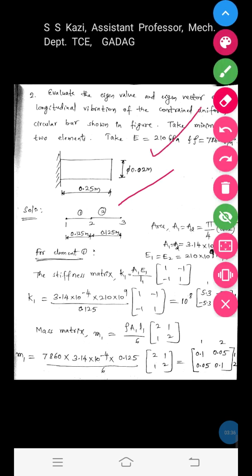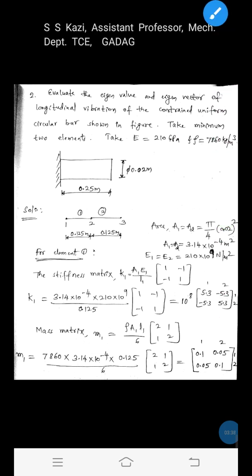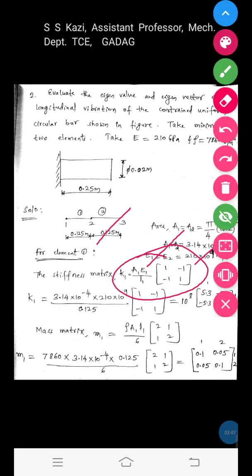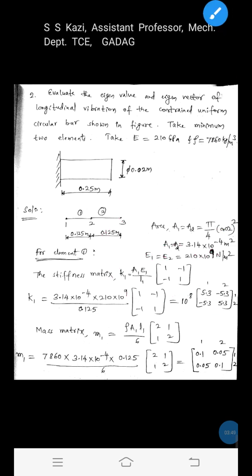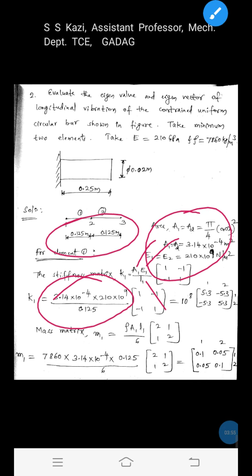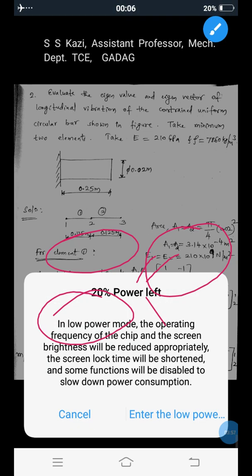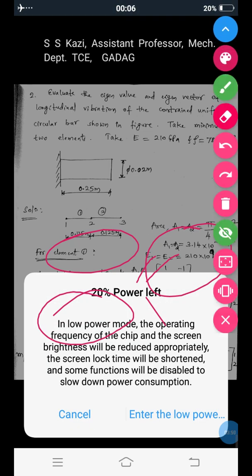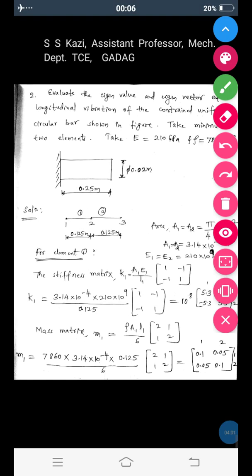Okay. Now let us generate the stiffness matrix for element 1. Stiffness matrix for element 1 of a 1D bar is given by AE by L times [1 -1; -1 1]. Order of the matrix is 2 cross 2. Let us substitute the values of area of element 1, Young's modulus of element 1, length of the element 1, as we have discussed in the data.